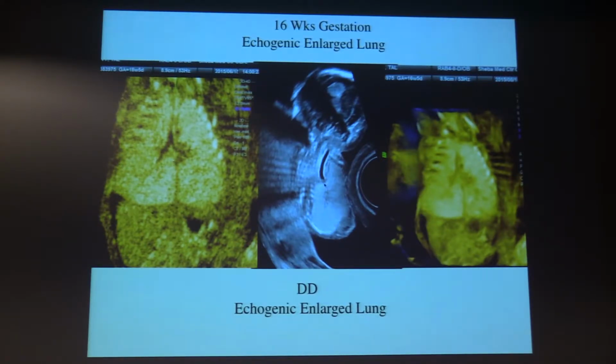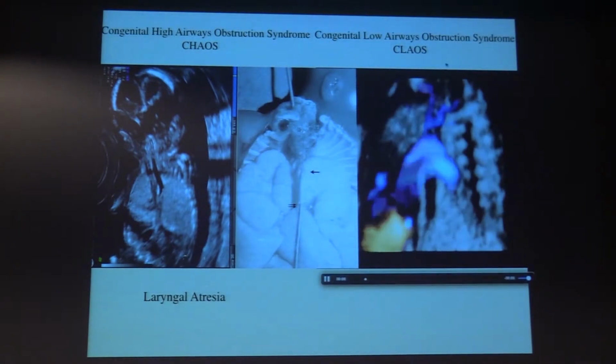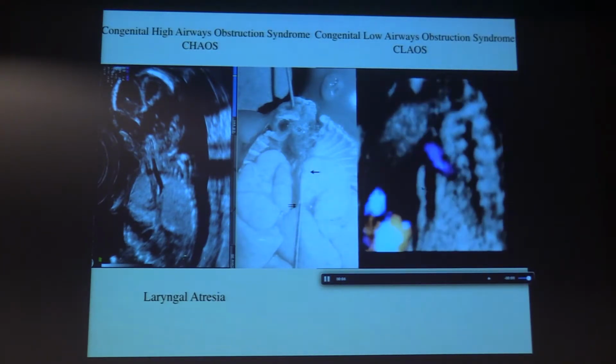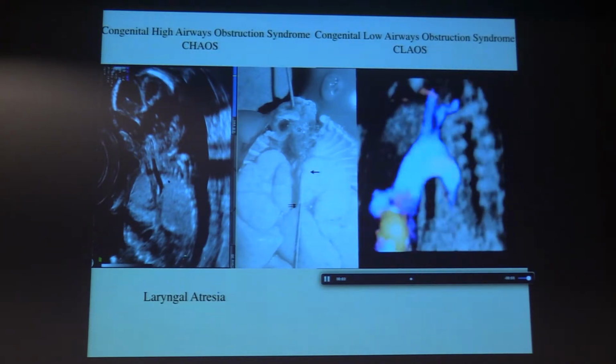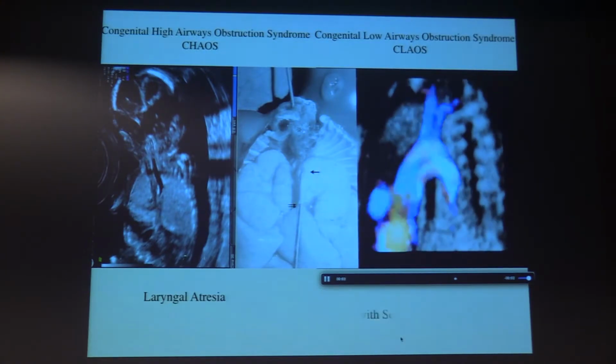So in congenital high airway obstruction, you have lungs that are enlarged because there is no access to the fluid in the lung. This is laryngeal atresia. And this is congenital low airway obstruction that is due to the vascular ring. Here all the trachea is enlarged, and here only the part of the trachea that is below the ring is enlarged.